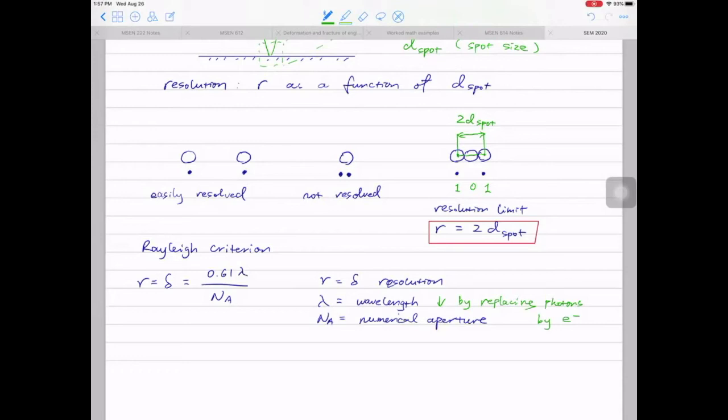So by reducing lambda, what's going to happen to R? R decreases. Does this mean we have decreased resolution?